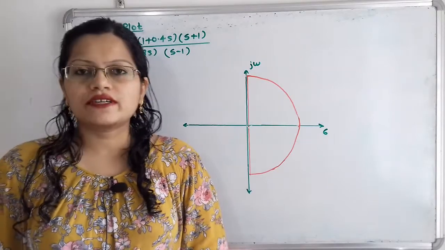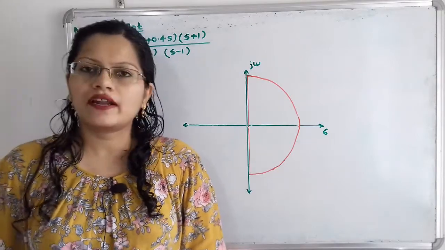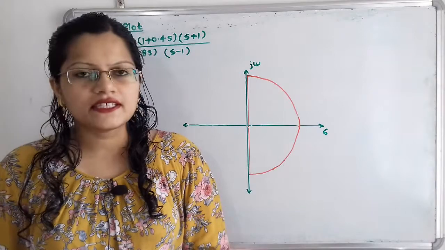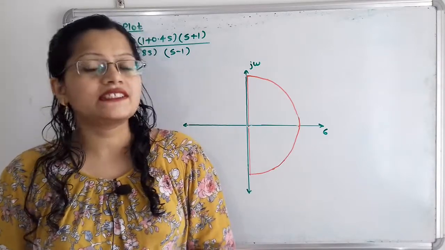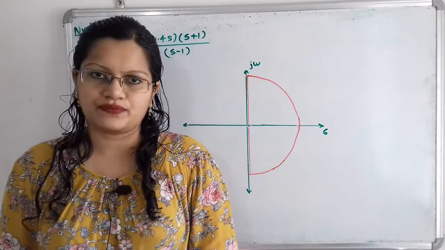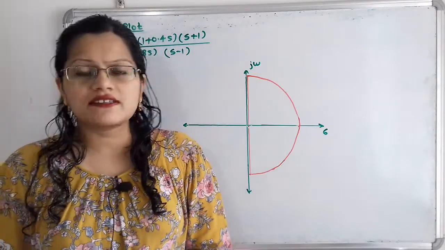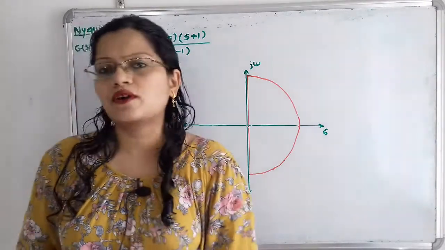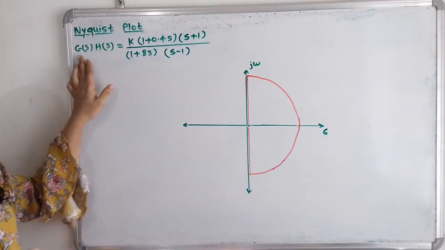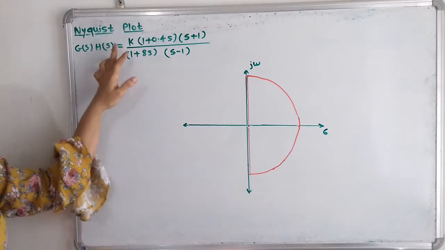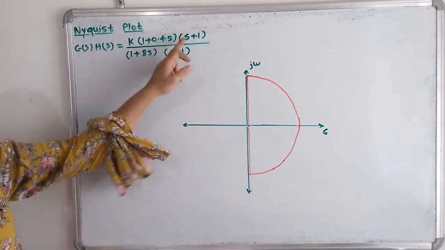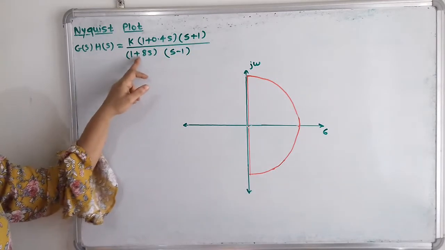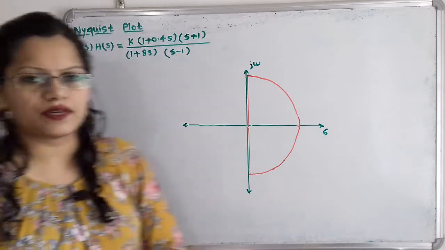Today we are going to solve a problem on Nyquist plot. In this video, we are going to determine the range of k for the stability of the system. So let us first understand what is the given open loop transfer function. G of s h of s is equal to k into (1 + 0.4s) divided by (1 + 8s)(s - 1).